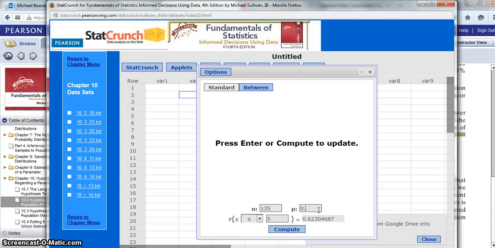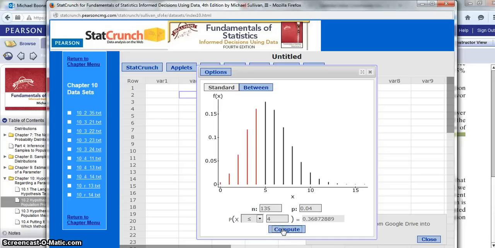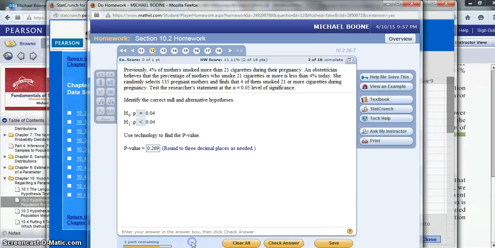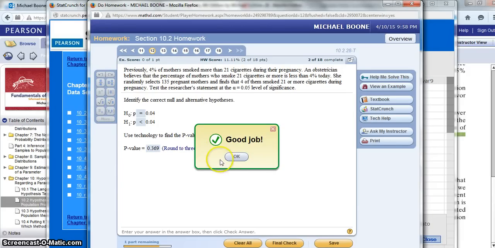The probability we're saying is 0.04, and we want to see that was less than or equal to 4 to see what that number was. Now we had 0.269 a second ago, but with the binomial we get 0.369. So let's check that answer out. Let's see if we're on the right path. 0.369. And that's what it is.